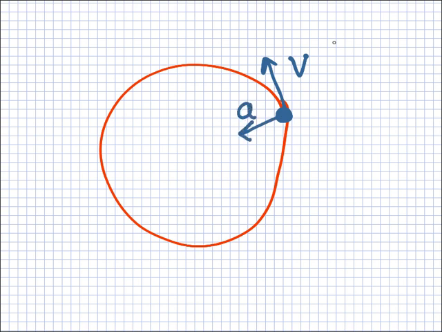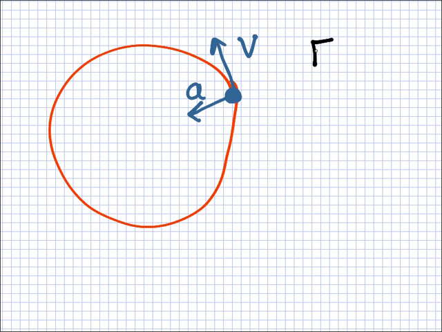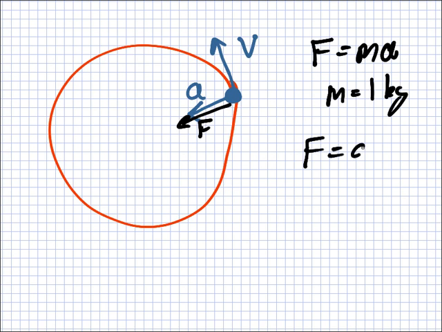Because Newton said, remember, F equals ma. So if the F is here, then the A is here also. Because in fact, look, if m equals 1 kilogram, then F and A, they're actually the same. So if the F points here, then the A also points here.